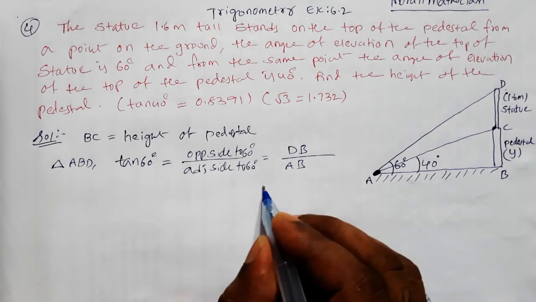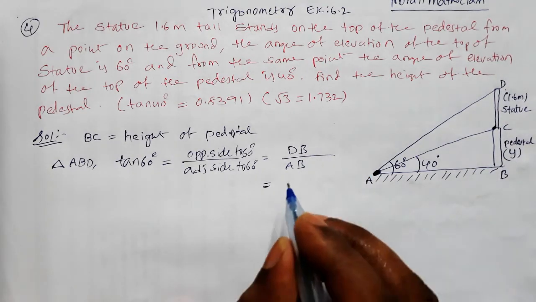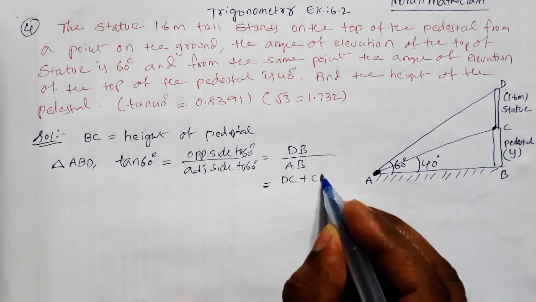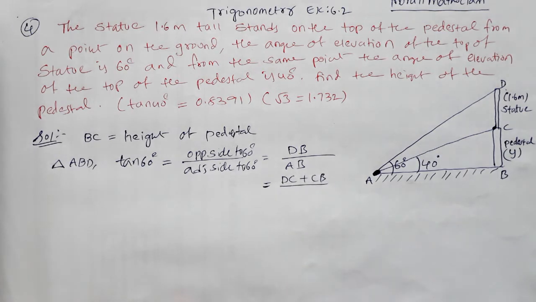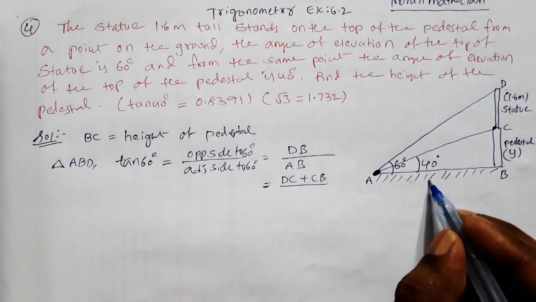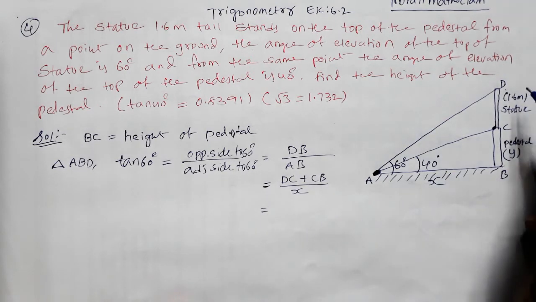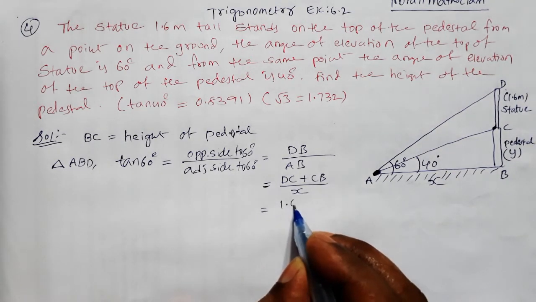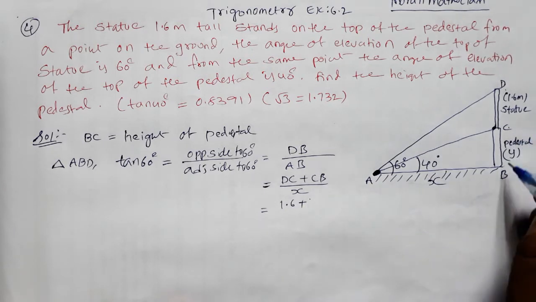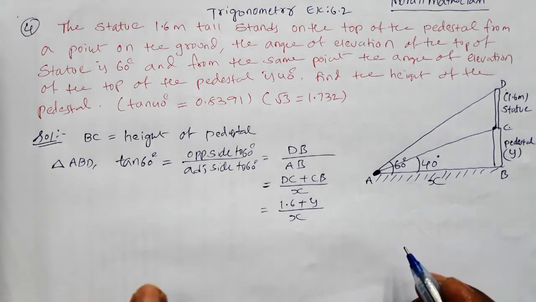So DB is written as DC plus CB divided by AB. AB we don't know, so let us take x here. DC 1.6 plus CB y, divided by x.